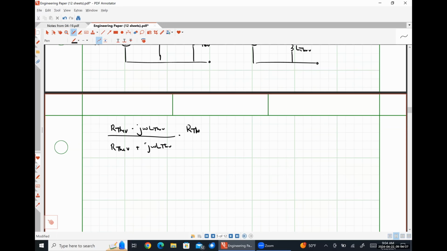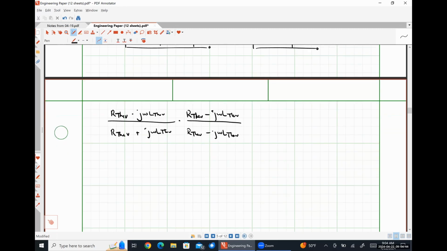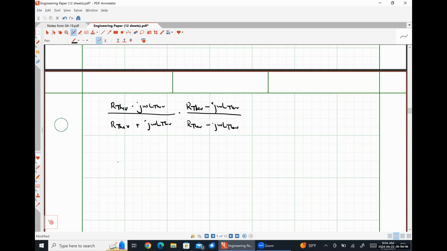So that would look like R Thev minus j omega L Thev over R Thev minus j omega L Thev.